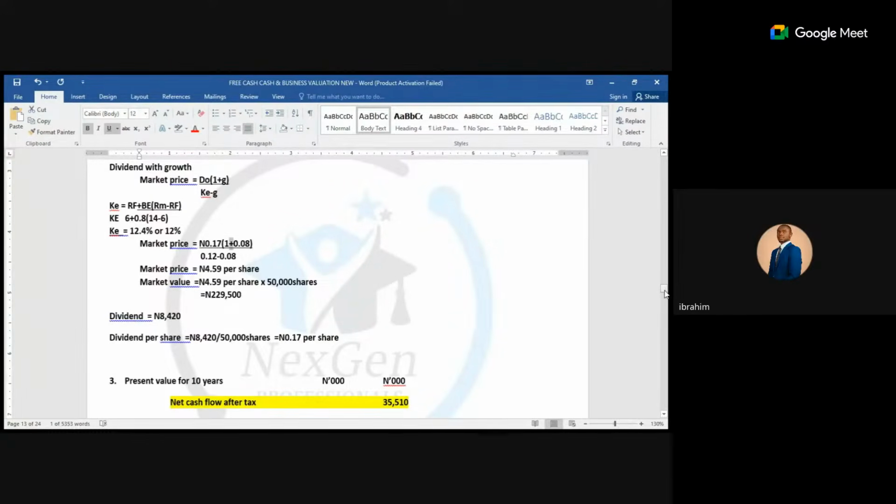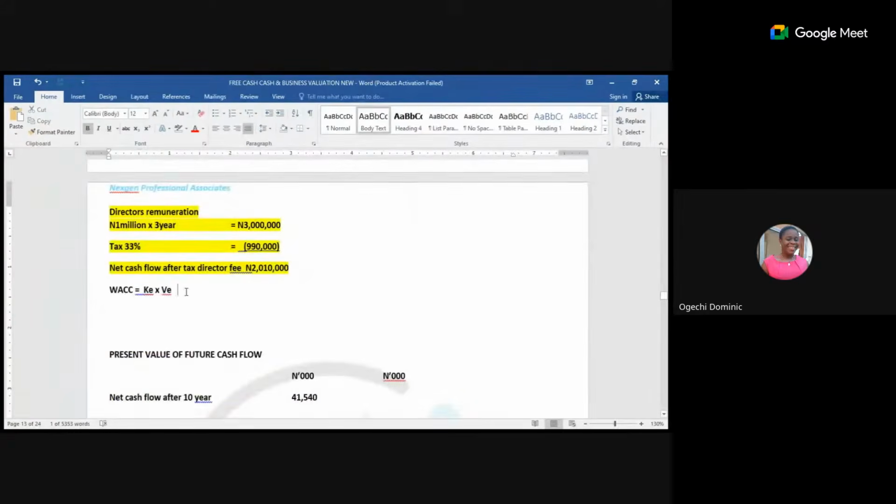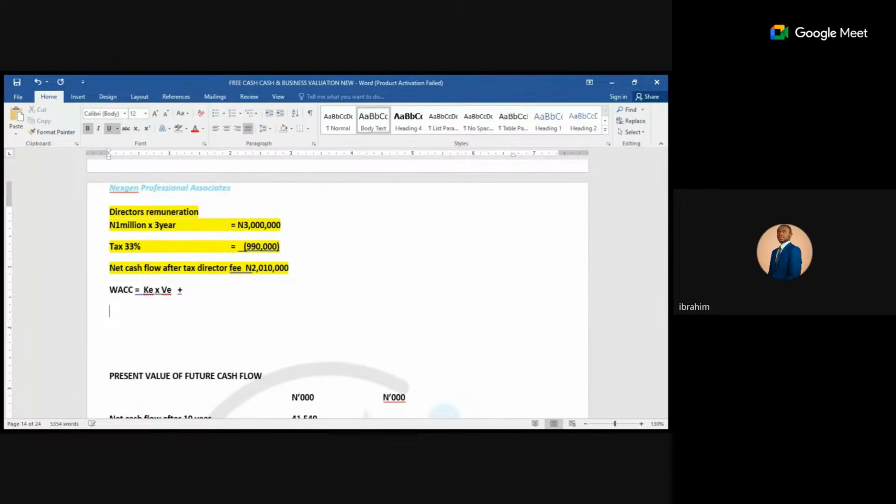Plus cost of debt times 1 minus tax, divided by value of equity plus value of debt. Let me just copy the symbol there.